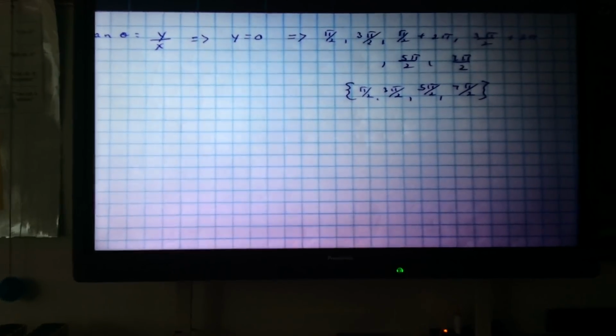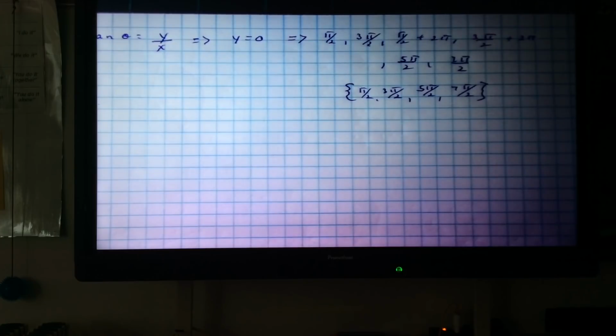Look at my plate. Okay, I'm going to get a 0 here. Now if I keep going around, I'm going to get a 0 down here. Now I'm going around again, I get here and I got another 0. But whatever number is here, whatever that angle is, when I went around again, I added 2 pi to it. So 1/2 plus 2 is going to give me, what did I get? 5 pi over 2.